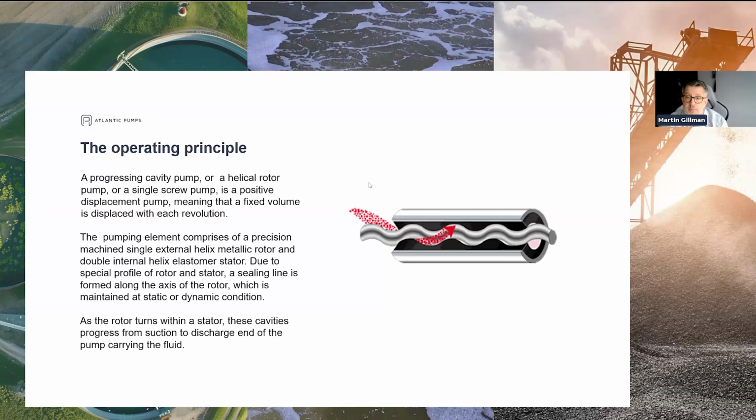It's a straight line, because the volumetric output or the flow is directly proportional to the speed at which we turn that rotor. So if it's turning at 10 RPM, it might give you 10 meters cubed forward an hour. If we speed it up to 20 RPM, it might give you 20 meters cubed, and so on. So it gives you an idea of the relationship between speed and output of the pump.